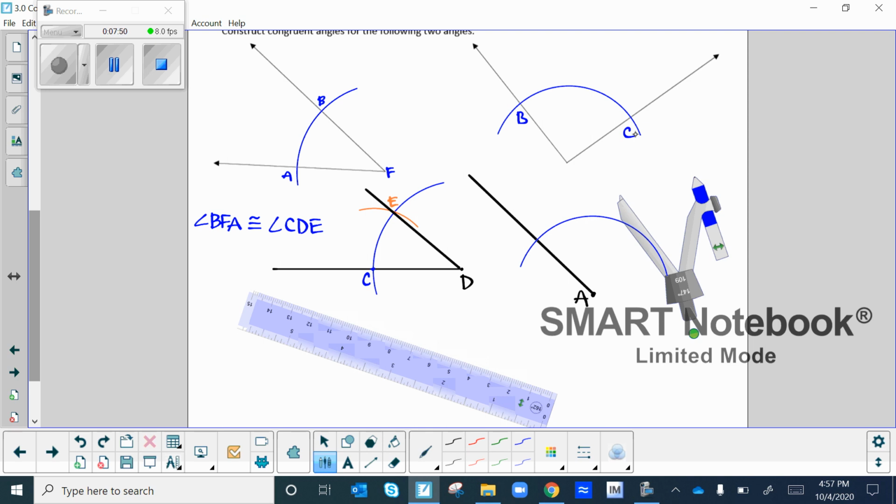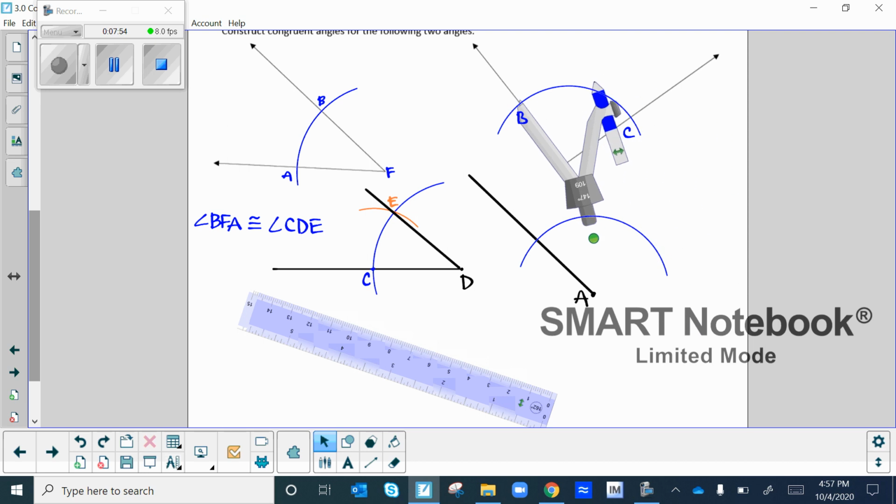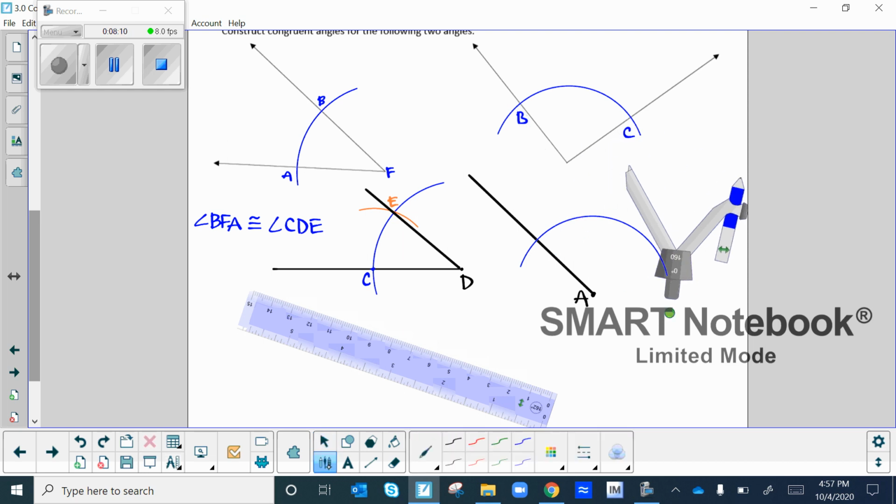Those 2 points are very important because we need to use those measures to get the width of this angle. So put your compass on one of those points, then put your pencil and get the width like so. Once you get that width, we're going to come down here, and I forgot to label it. This point right here is important.